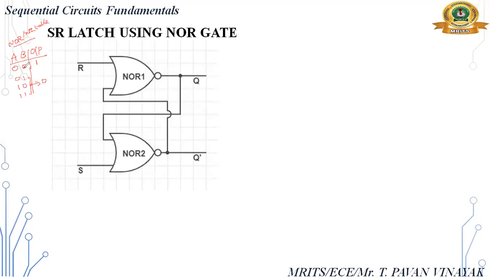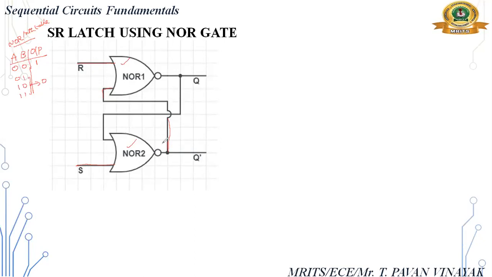Now see here, we have two NOR gates, the first NOR gate and the second NOR gate. For the second NOR gate, I have given the set input. S means set. For the first NOR gate, I have given the reset input. The second NOR gate output is given to the first NOR gate input, so it is a cross coupling.